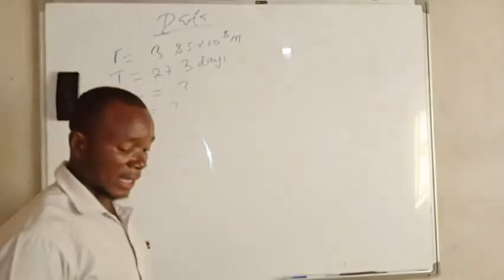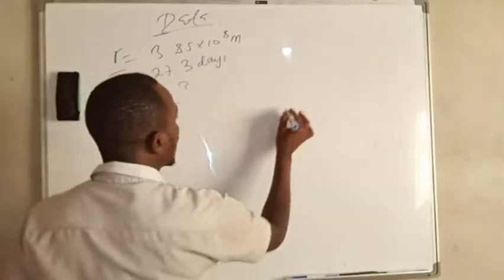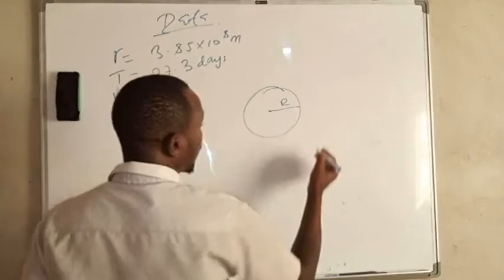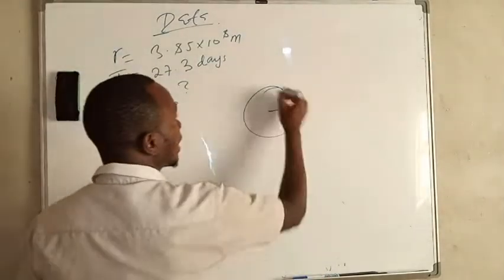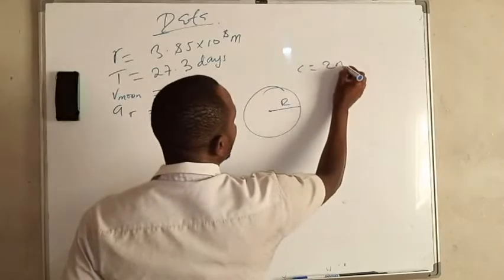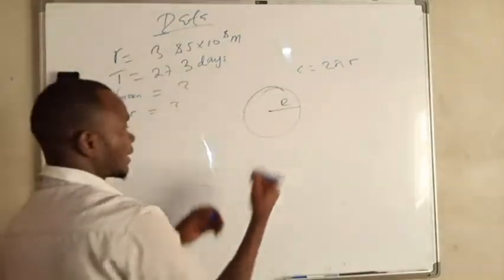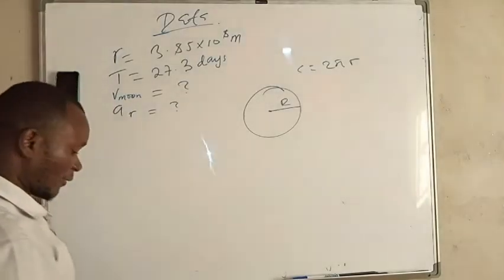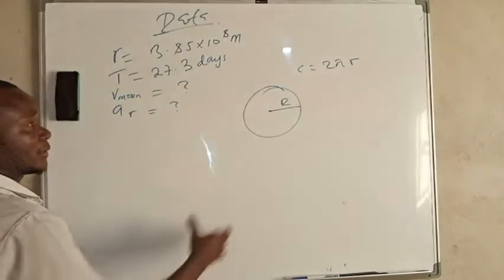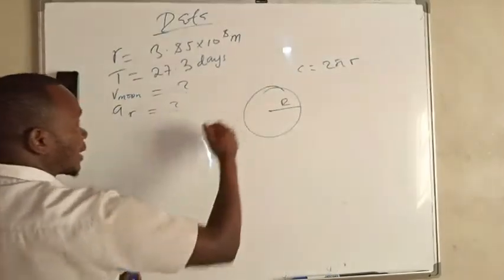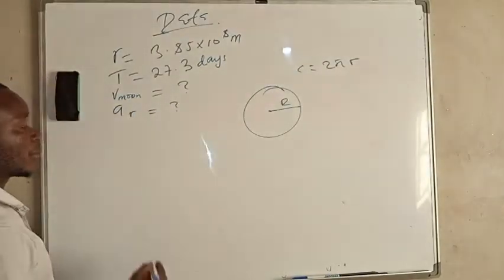Since it is in a circular path, we have the radius. The total length around the circle is given by 2 pi r, which is the perimeter, or simply the circumference. So the velocity is given by the length around the circle over the period, or the time taken.